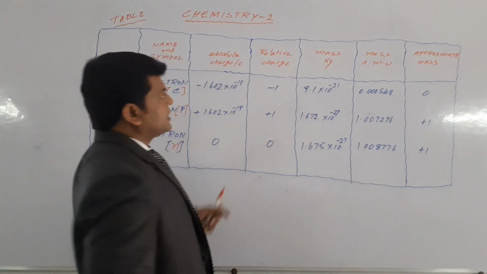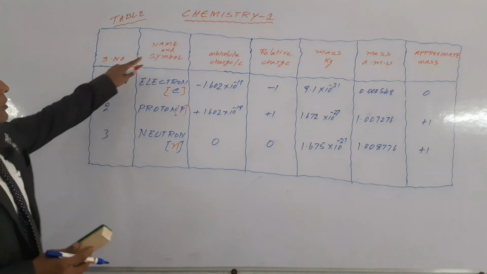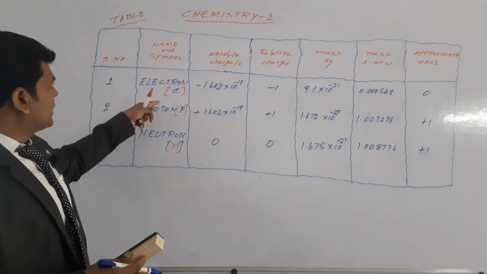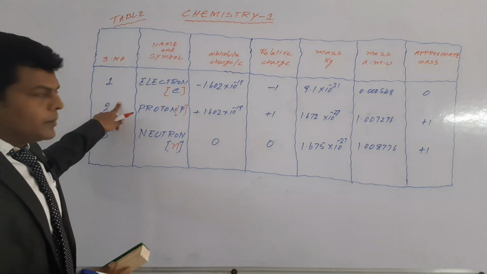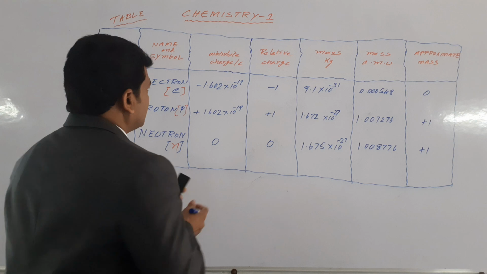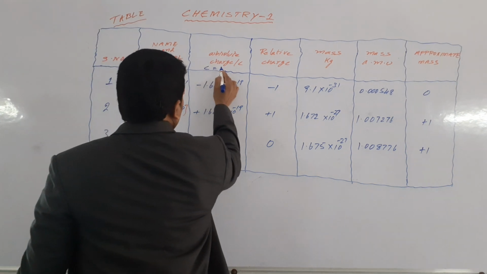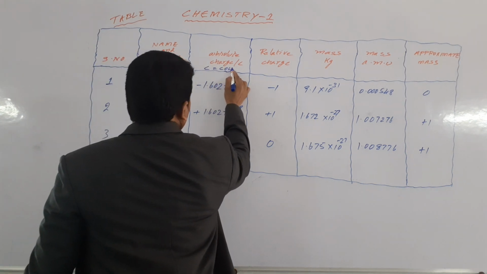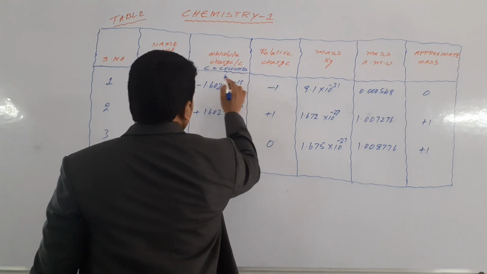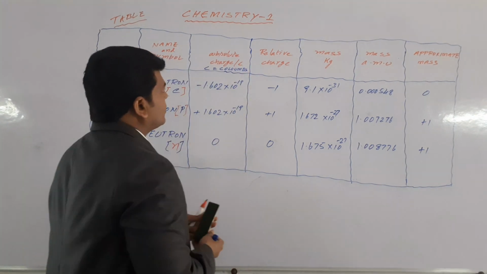So this is the table. One more column I have to take here. I forgot that name and symbol I am taking in one column. Serial number, name, absolute charge, where C equals coulombs.